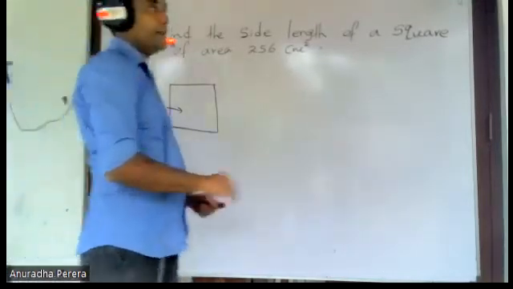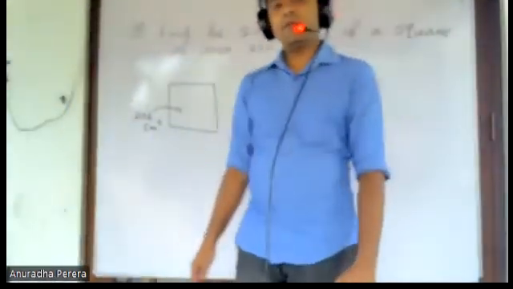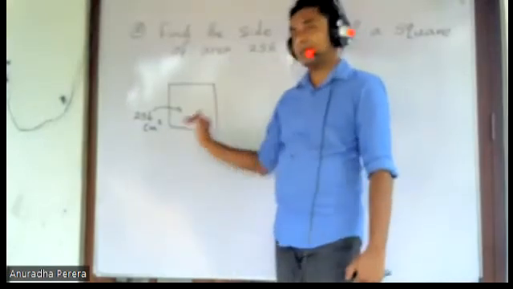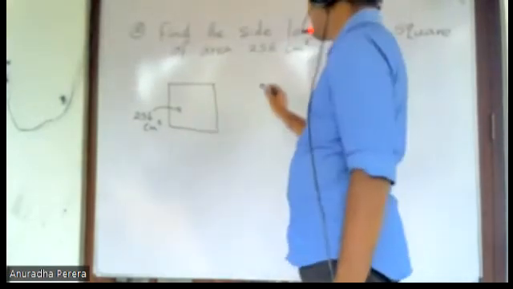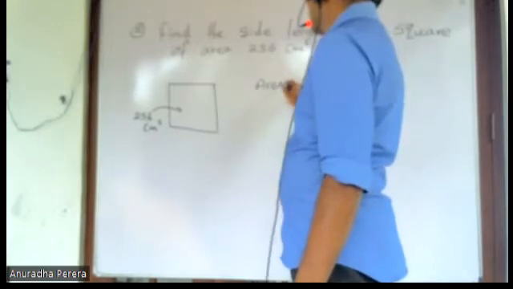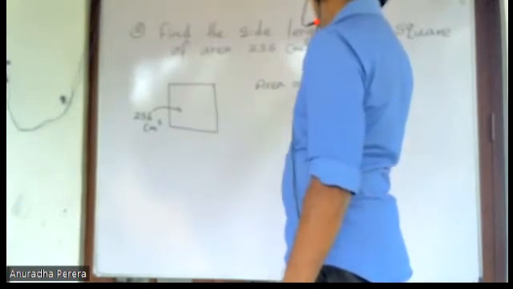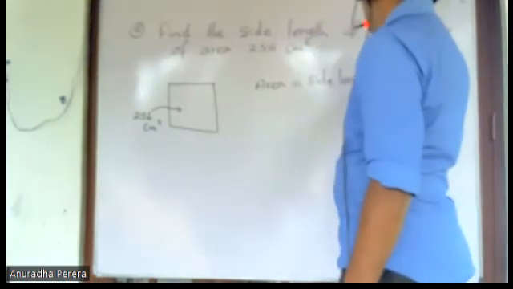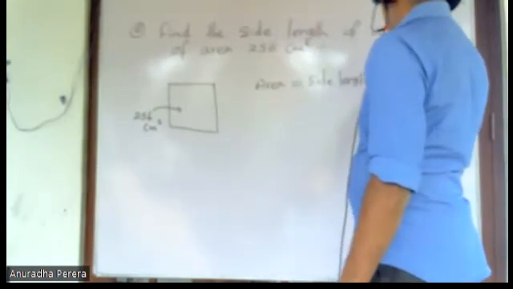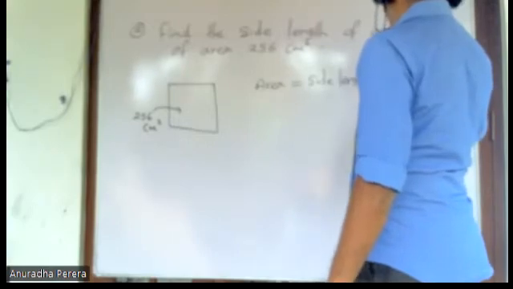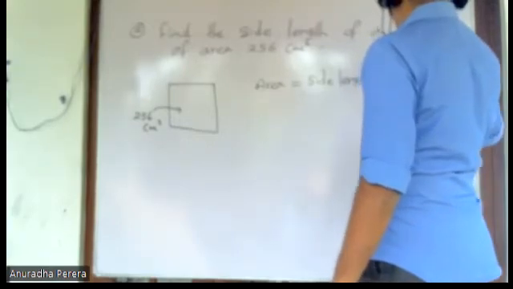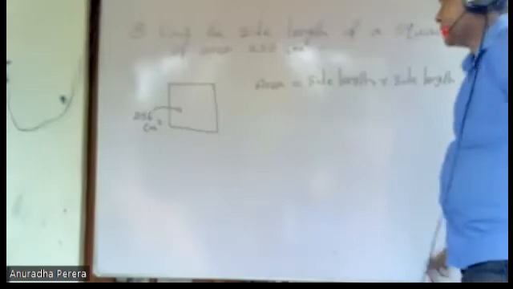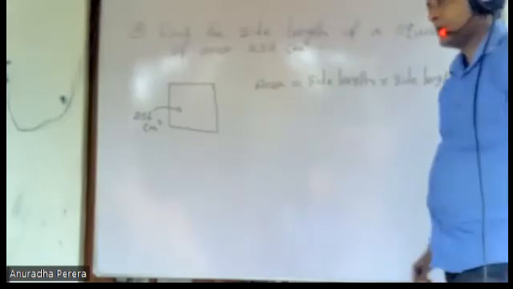You know, to find the area of a square, we have to take the product of the length of a side and the length of a side. Then area equals side length into side length. These two are equal, right?